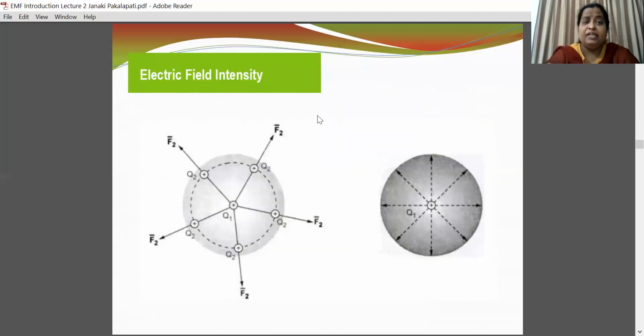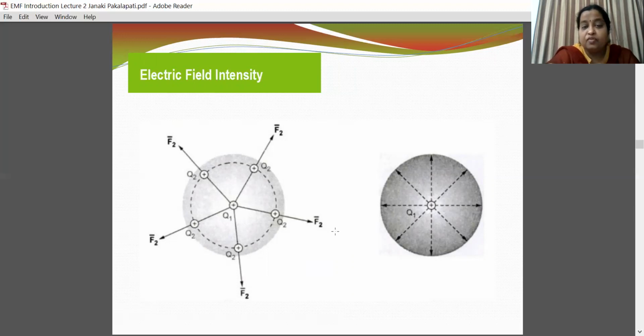Once we know the force, we can find the electric field intensity. What is the relation between the force and electric field intensity? The amount of force experienced by a unit charge is called the electric field intensity, simply defined. Now if you consider a positive point charge Q1, and another charge Q2 at a particular location, then definitely there is a force experienced by these two charges, which is given by Coulomb's law.